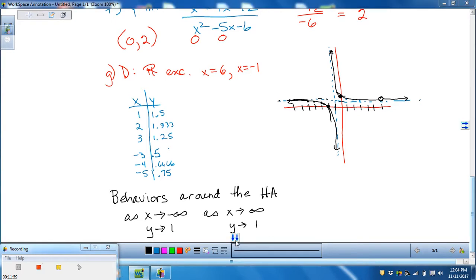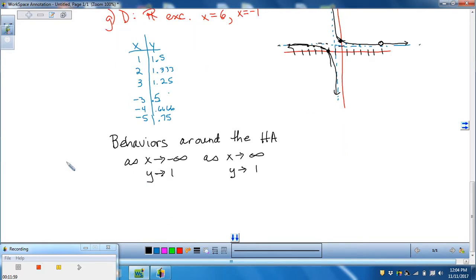And as a matter of fact, you're always going to find that the end behaviors of the function, the two ends going to -infinity and +infinity in a rational function, will always be approaching the horizontal asymptote if it has one. So we can call those the end behaviors, because they really are the ends of the function, from the negative side to the positive side of our domain.